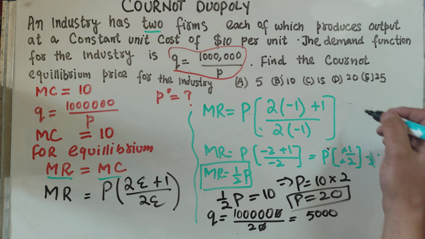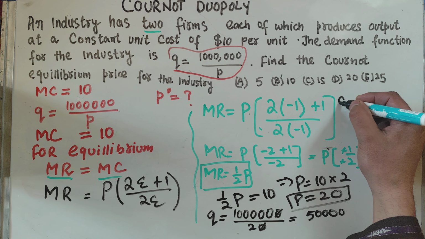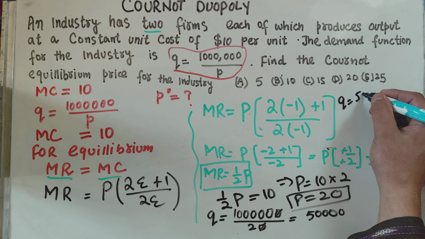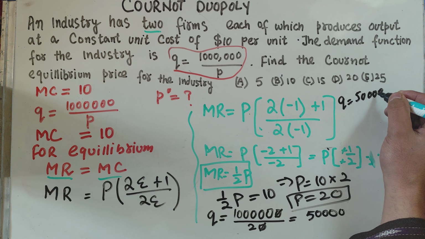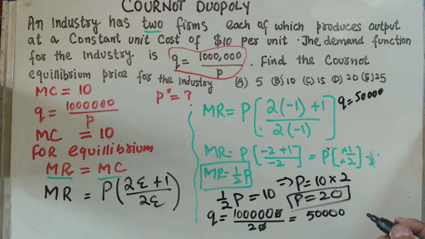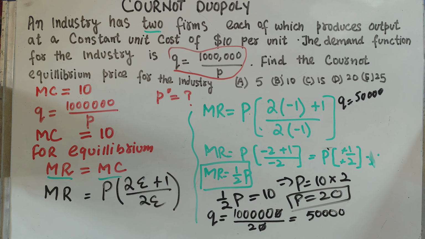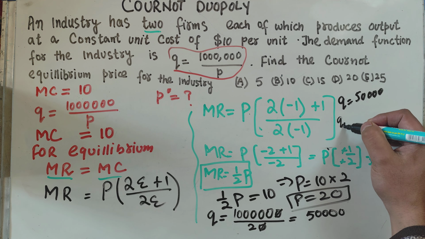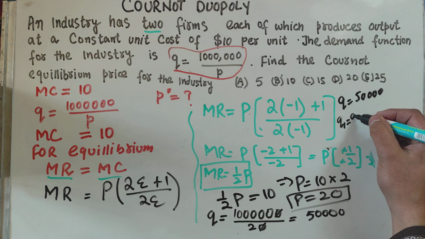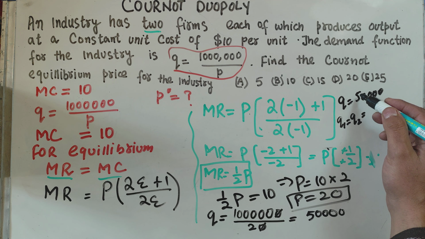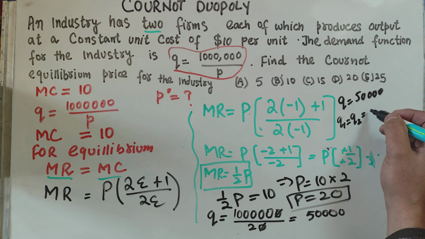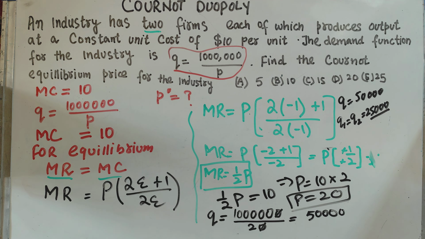So total output in the market will be 50,000. Since we have symmetric costs here, the output of firm 1 will be equal to the output of firm 2, so 50,000 upon 2 is 25,000. Each firm will produce 25,000 units of output.